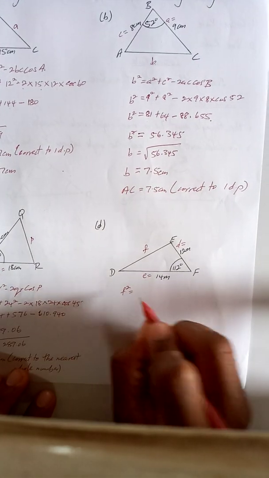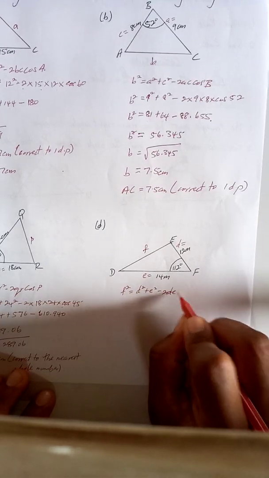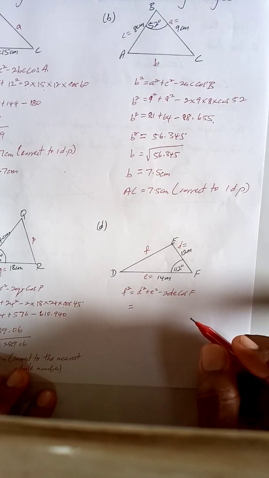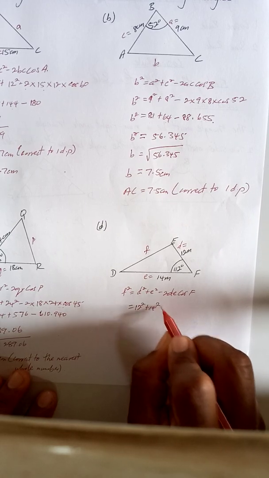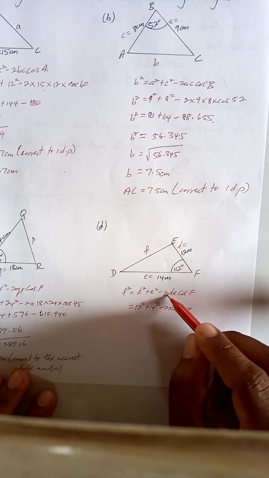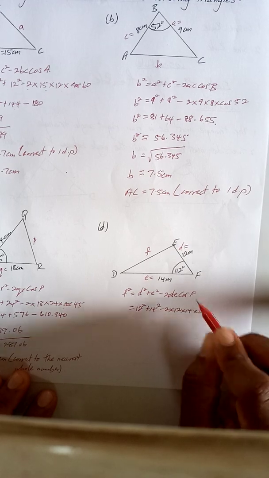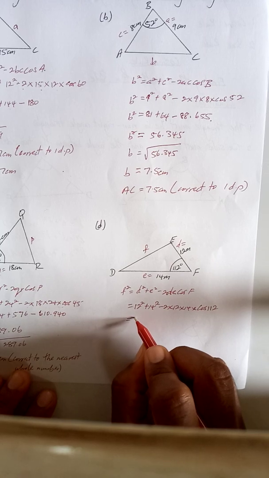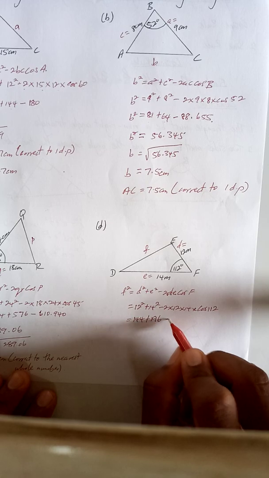So F squared equals D squared plus E squared minus 2DE cos F. D in this case will be 12, plus 14 squared, minus 2 times 12 times 14 times cos 112. 12 squared will give us 144 plus 196.